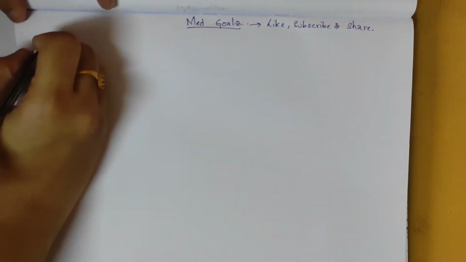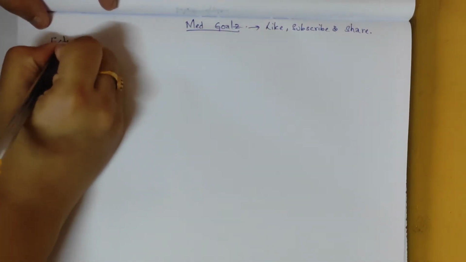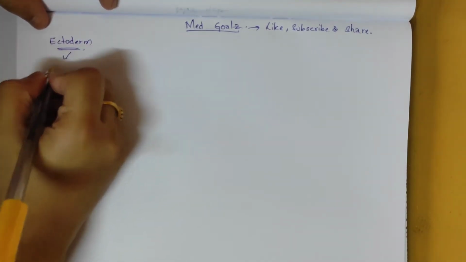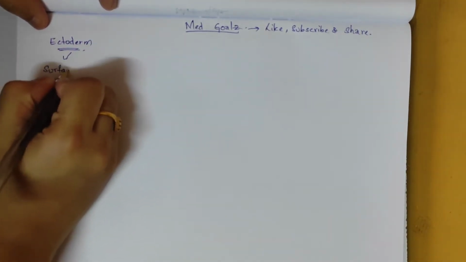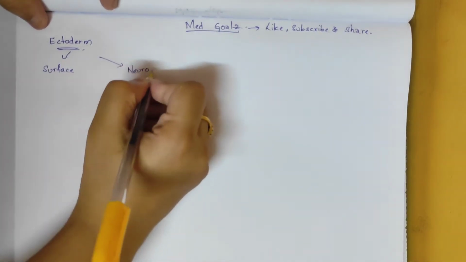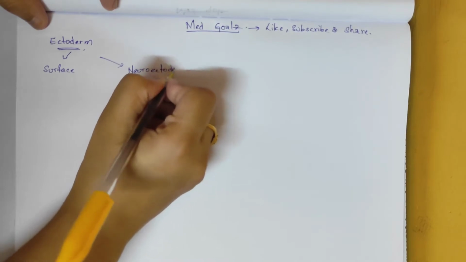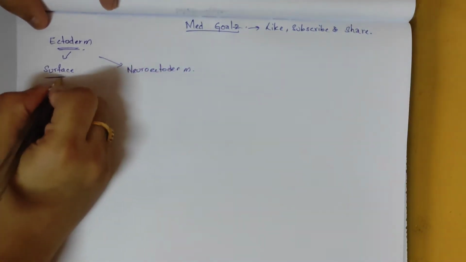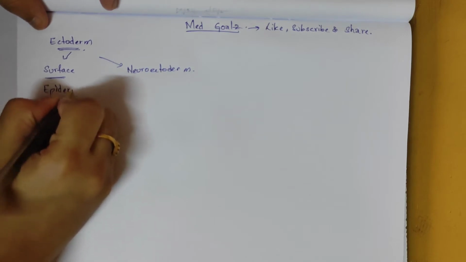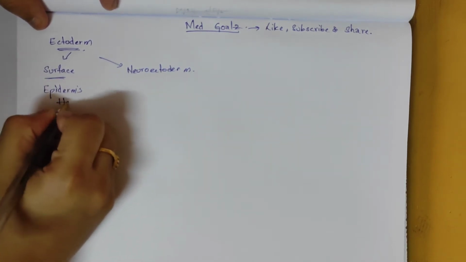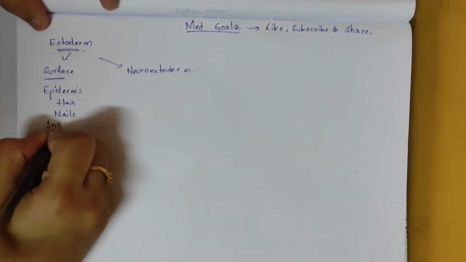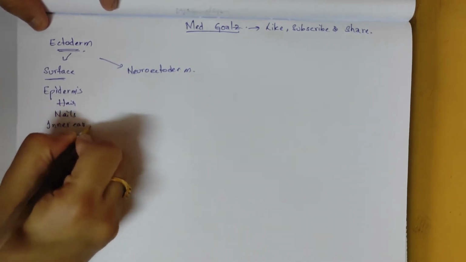So basically ectoderm consists of surface ectoderm and also neuroectoderm. The surface ectoderm consists of epidermis, skin, hair, nails, inner ear, and external ear.